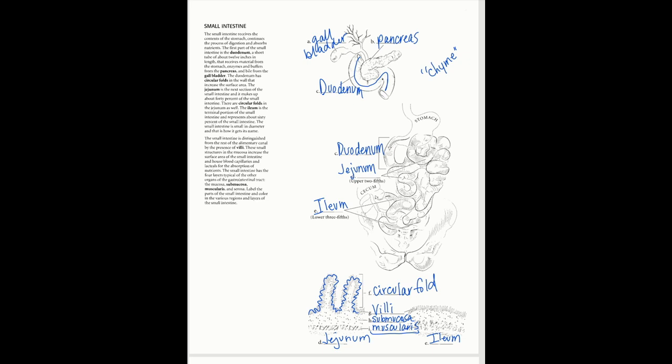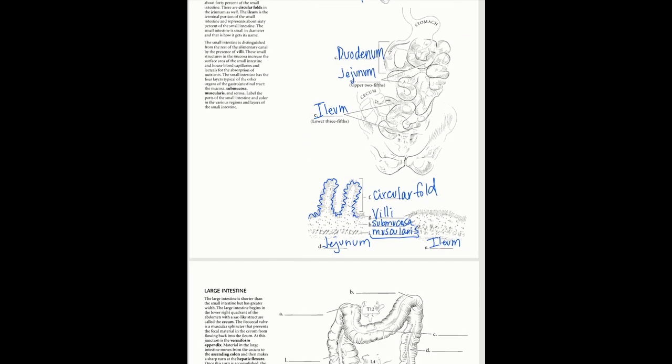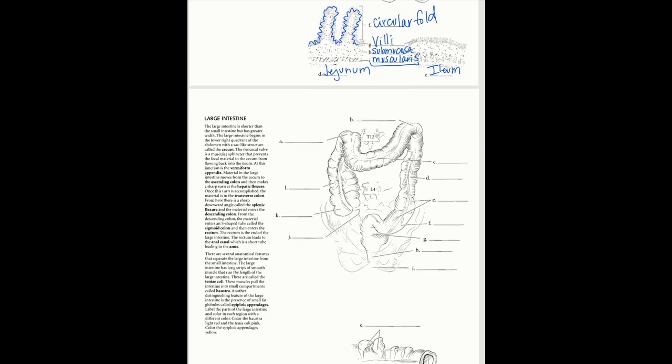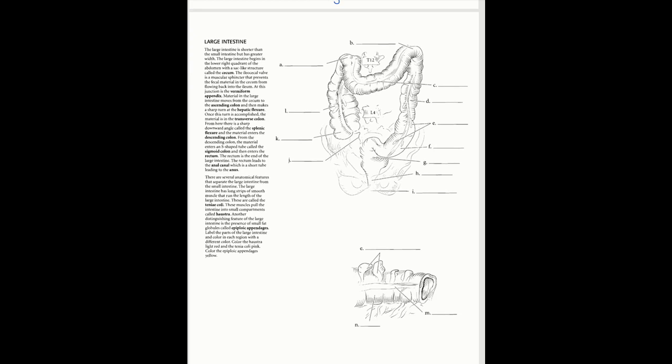All right, we've covered small intestine and nutrient absorption. Let's talk about the large intestine. This is where we're going to have water absorption. So for the large intestine, with this diagram, I'm going to go a bit out of order just because I think it makes sense to talk about it in terms that the material is moving through it. So kind of step by step there.